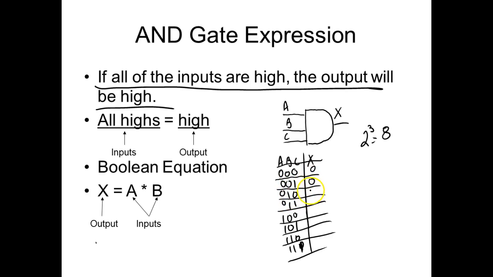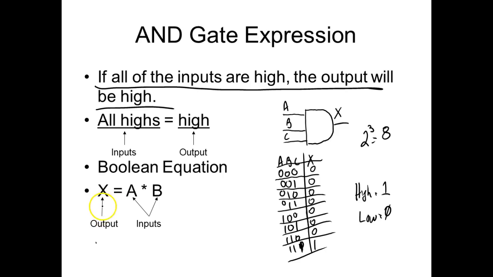Only in the last row: yes. So that's what that means. All inputs are high. In digital, when I use the term high, that in Boolean algebra is going to equal a 1, right? And if I say low, then that's going to be equal to a binary 0. So the truth table doesn't put highs and lows in there. It puts 1s and 0s. So this is a truth table for an AND gate.